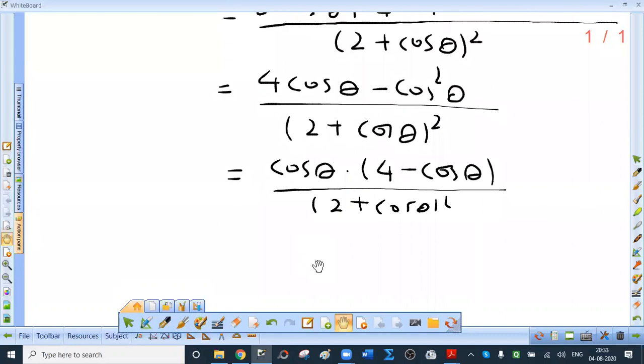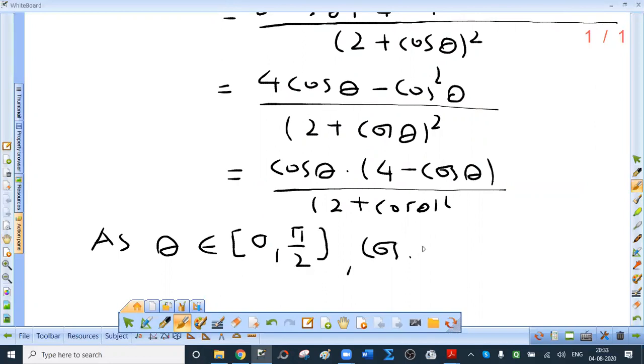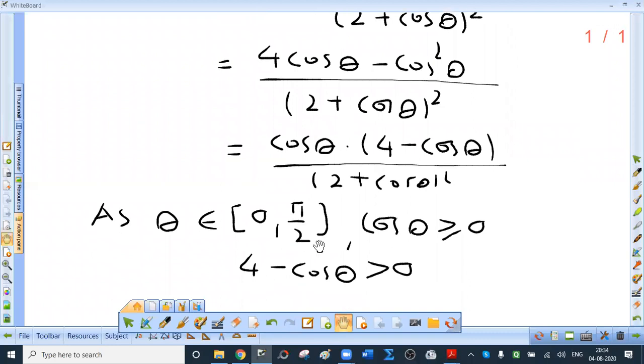After completing this, you have to say, as theta belongs to the closed interval 0 to pi by 2, cos theta is greater than or equal to 0, because in the first quadrant the minimum value is 0 and the maximum value is 1. 4 minus cos theta is definitely, don't say greater than or equal to 0, just say greater than 0, because the maximum value of cos theta is 1.